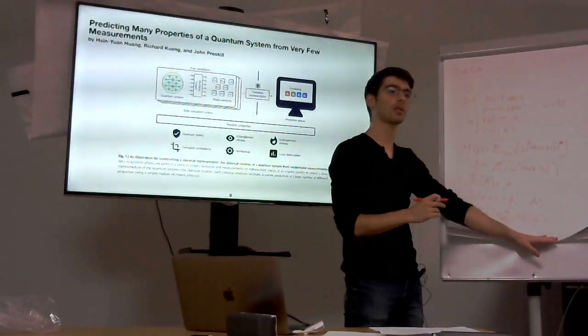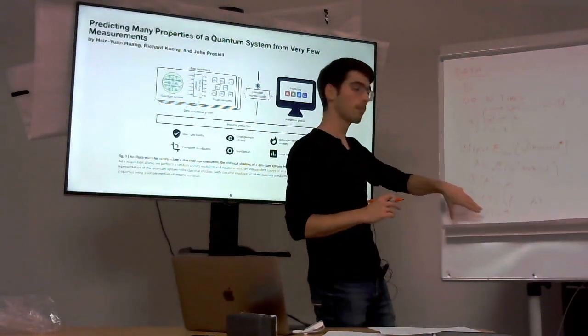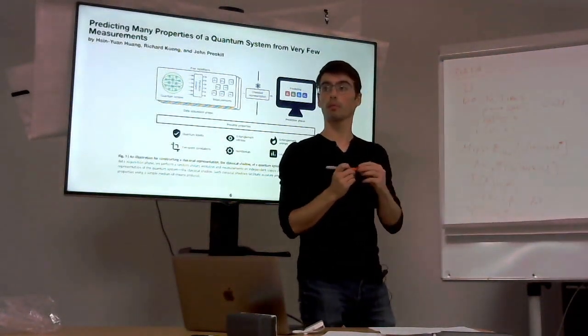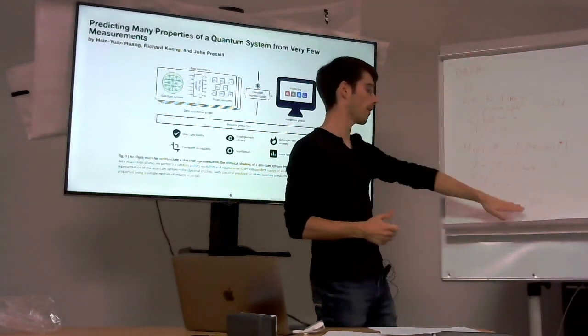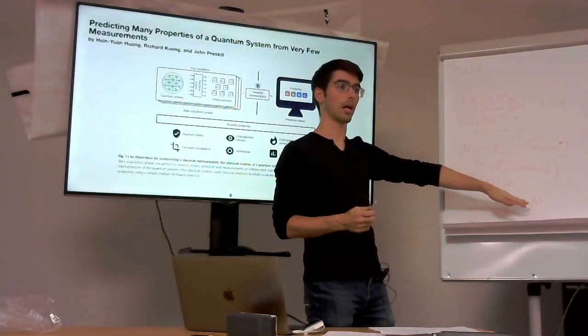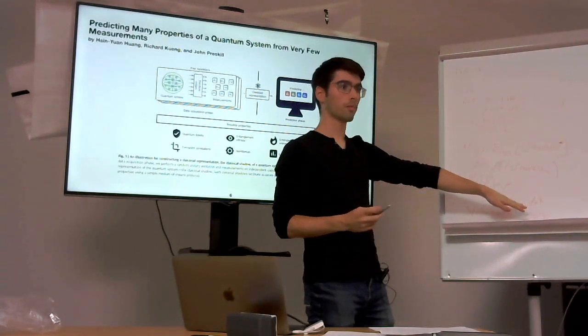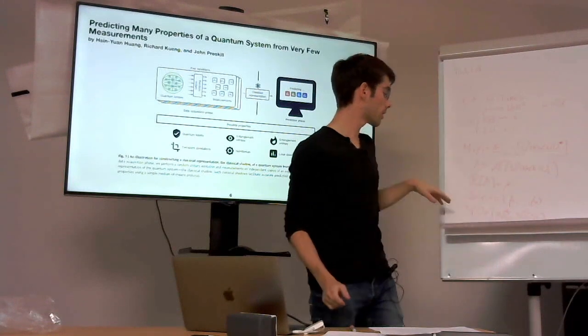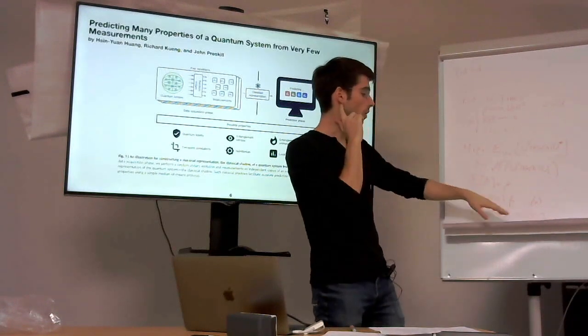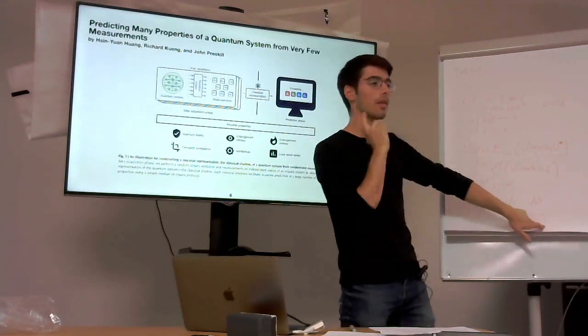So the idea is that you can estimate the expected value of an observable on your original state by computing the expected value of the observable in the classical shadows. And the thing is that they don't perform exactly this average.